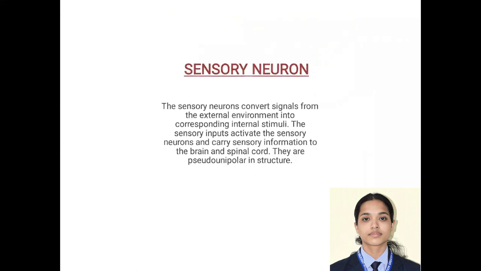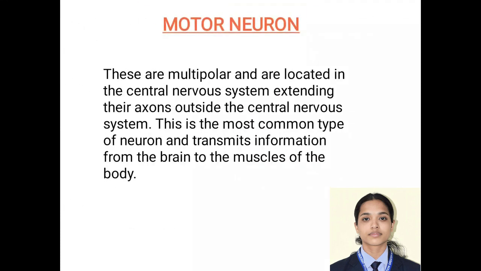Okay, so let's discuss the other type, that is motor neuron. A motor neuron, also referred to as an efferent neuron, is a type of neuron that carries signals from the CNS, central nervous system, specifically the brain and the spinal cord, to muscles or glands. Motor neurons play a key role in controlling voluntary and involuntary muscle movements, as well as regulating glandular activity.